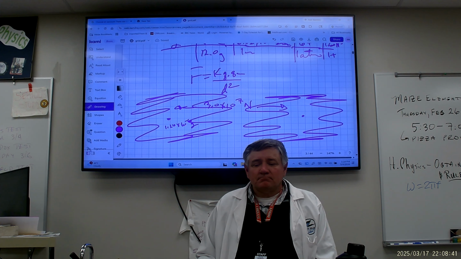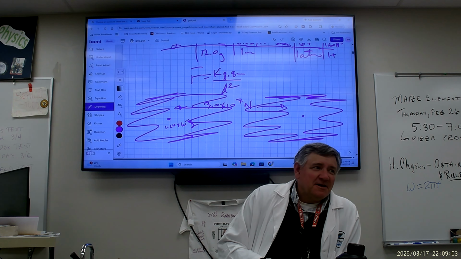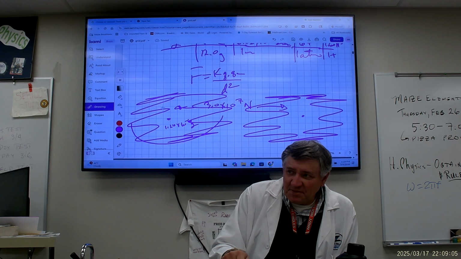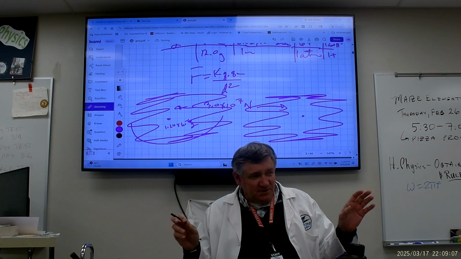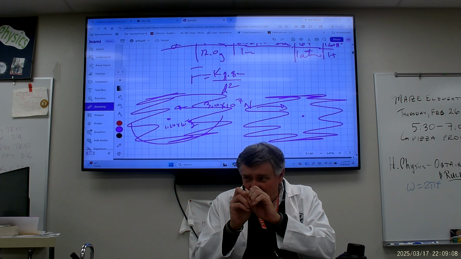Which means that's also the total number of electrons that you have around there as well. So the electrons feel that same repulsive force. Electrons don't like each other either. So you have the electron cloud repulsing each other. You have the protons repulsing each other. That's a lot of repulsive force.